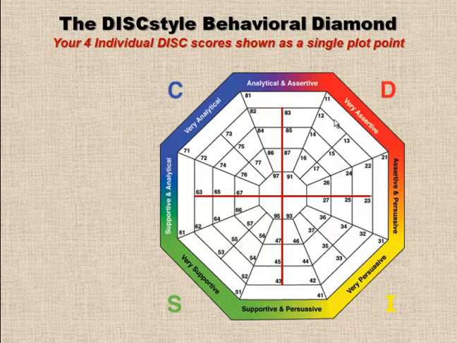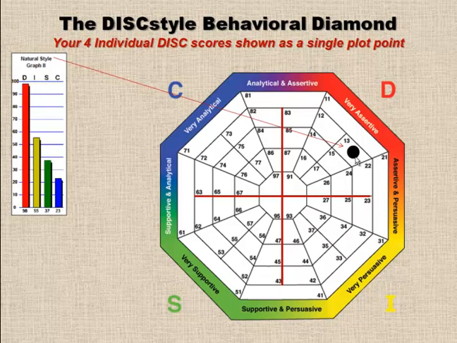So this is the DISC style behavioral diamond, and this is so powerful because we're able to take all 4 of your DISC scores and mathematically compute and plot them as a single plot point. So here we have this guy's natural scores, very high D, moderate extroversion, kind of low patience, and rather low compliance. You put those together mathematically, and this individual plots right here in his natural style.